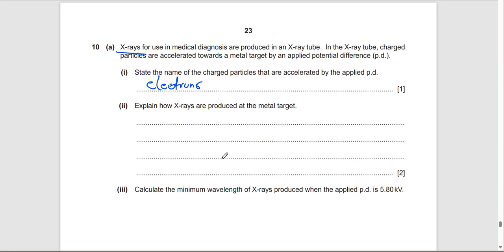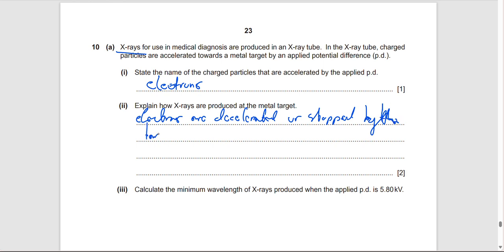So electrons are decelerated or stopped by the target, right?